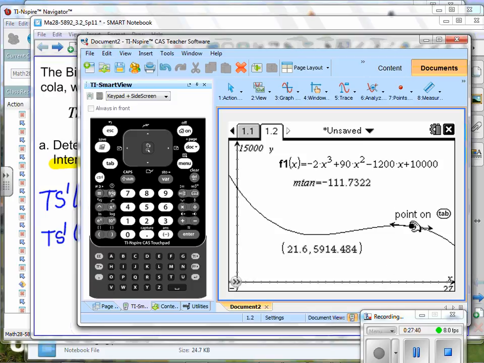There's a couple of things, and again, I'm combining about 3 sections here in our discussion this morning. What I want you to focus on is this. There's a turning point right here, and when you get to the turning point where it actually says maximum or minimum, what does that mean about the derivative?